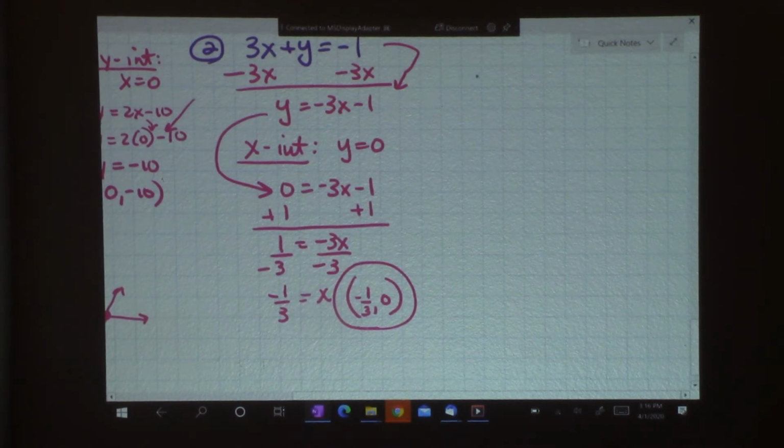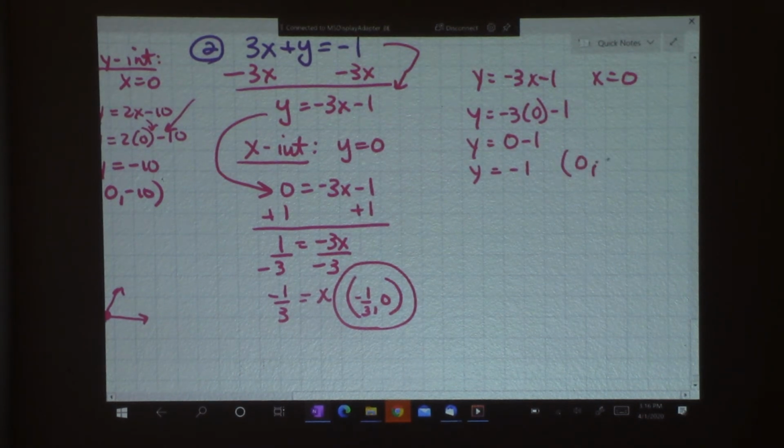And my y-intercept, I'm going to put 0 in for x. That always makes that term drop out. Now again, I'm going to write 0 minus 1. So you see, please do not drop the negative. It will change everything. The graph will go in a completely different direction.